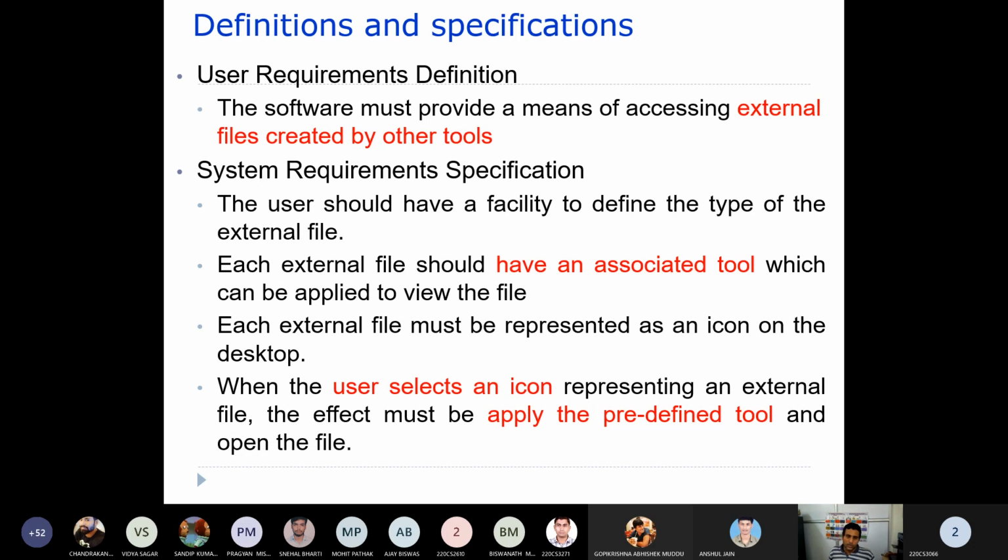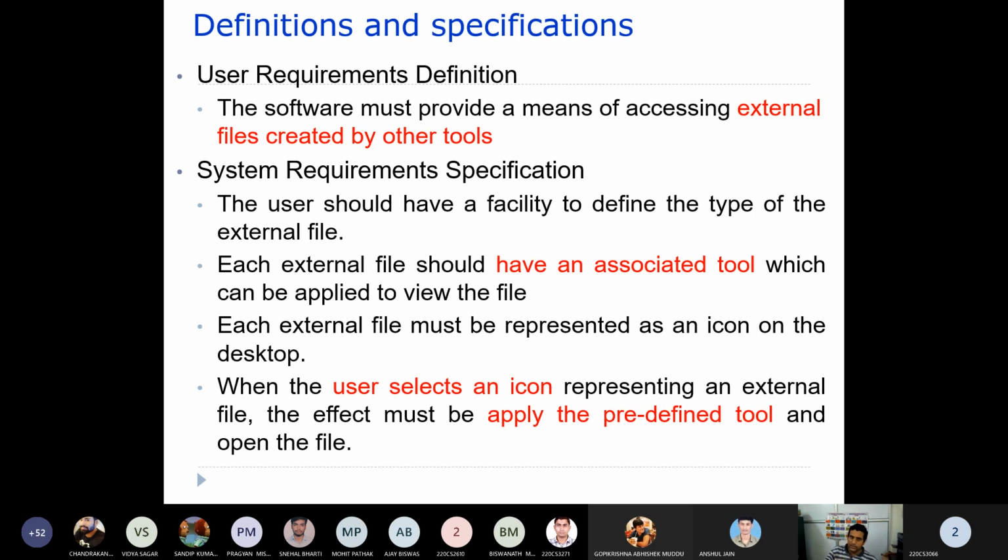Let's say through that software you are going to open a PDF file. When you choose that icon, it should automatically call Acrobat Reader and open the file in that particular format.